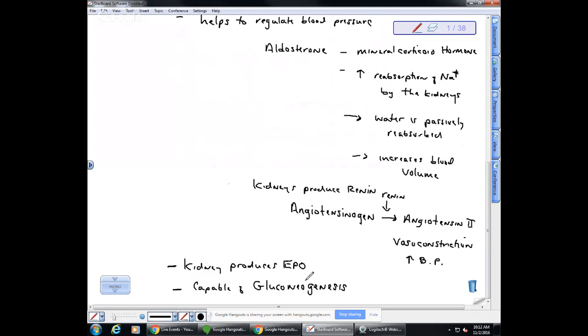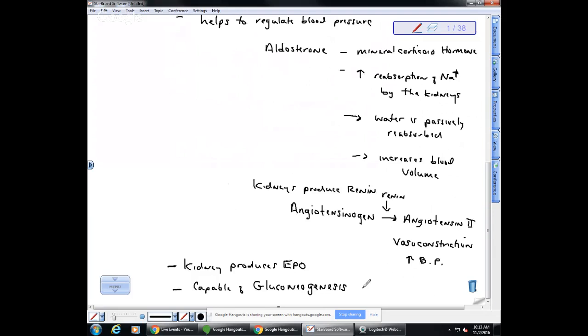So gluconeogenesis means that you're producing glucose from a non-carbohydrate precursor. And so glucose is so important, right, specifically for the nervous tissue. It just runs on glucose. If you don't take in enough carbohydrates, then you can start converting proteins and lipids into glucose. And so this is the production of glucose from a non-carbohydrate molecule.